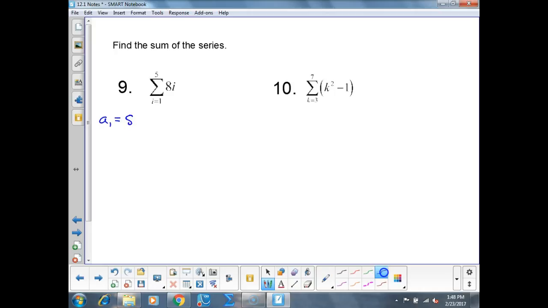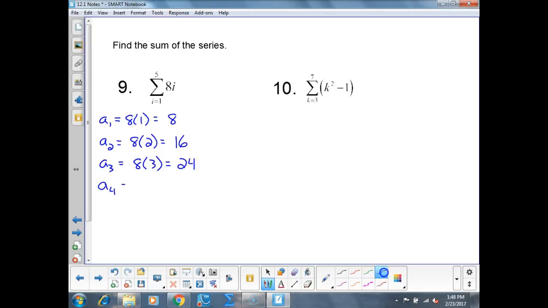So that's going to be 8 times 1, which is 8. My second term, I'm going to plug in 2 and get 16. My third term, I'm going to plug in 3 and get 24.